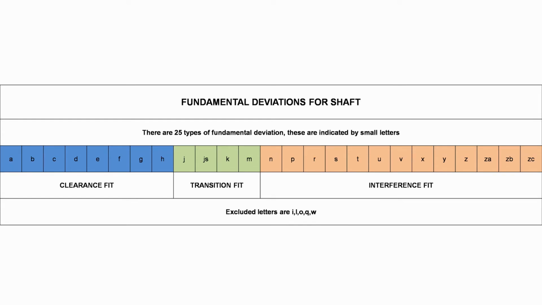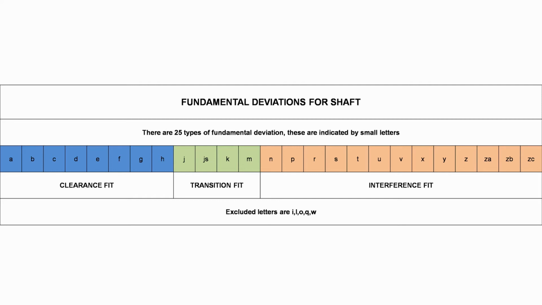Fundamental deviations for shafts. Small letters from a to h will be used for clearance fit. Letters small j, js, k, m will be used for transition fit.